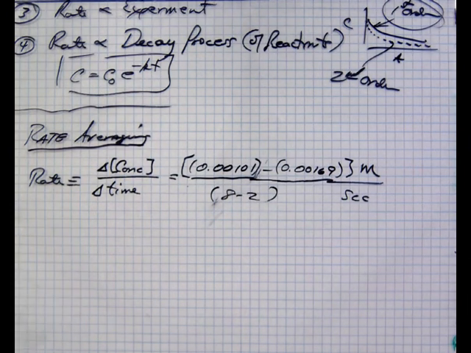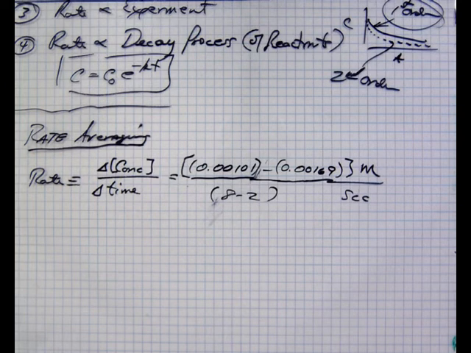It'll come out negative. What the negative means is the reactants are decreasing in concentration. That's all it means. It doesn't mean it's necessarily slowing down. It just means you are decreasing concentration over the period of time you are studying.